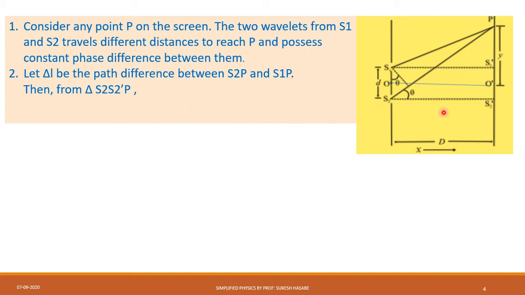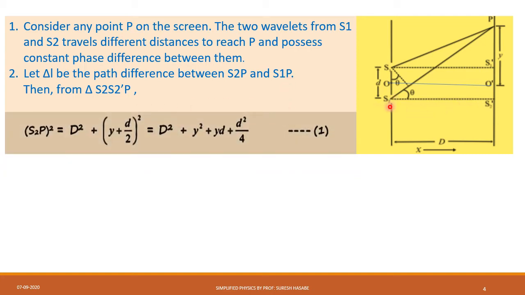Now look at this triangle, S2, S2 dash and P. In this triangle we have to apply the Pythagorean theorem. If we apply the Pythagoras theorem, we get this equation: S2P squared, the hypotenuse, is equal to S2 S2 dash squared plus S2 dash P squared.